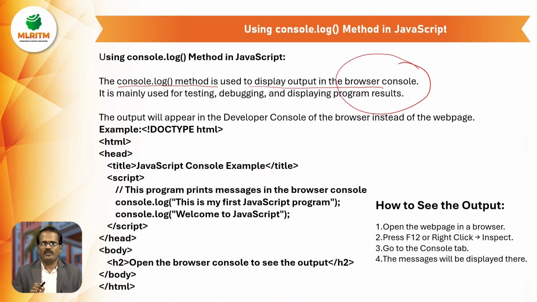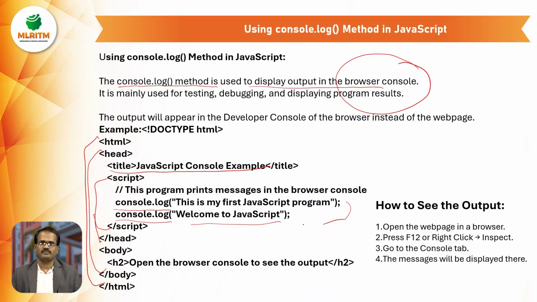Beside the elements button, there is a console. In the console only, you are able to see the output. See here, HTML, head, in the head title and script. In the script, you need to write console.log, this is my first JavaScript program. Console.log, welcome to JavaScript. These two statements appear in the console tab.